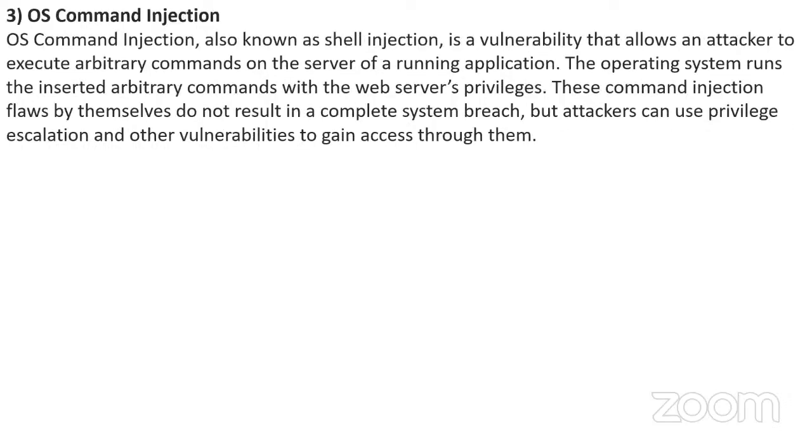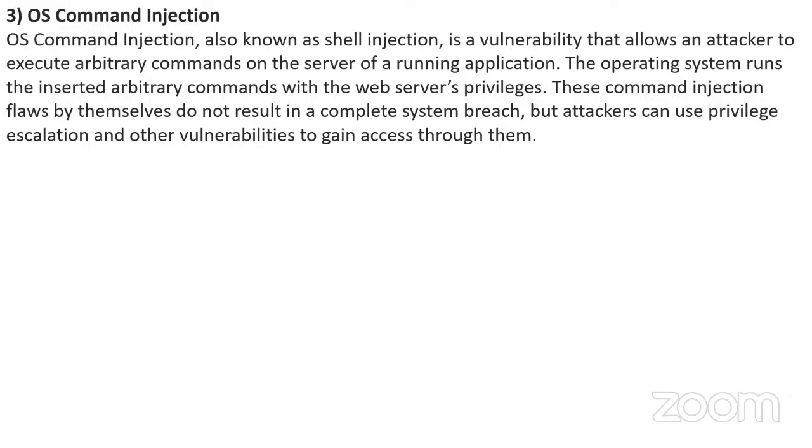Next one is OS command injection. This is a kind of shell injection, a vulnerability that allows a user or attacker to execute arbitrary commands over the server of a running application. The operating system runs the inserted arbitrary commands with the web server's privileges.